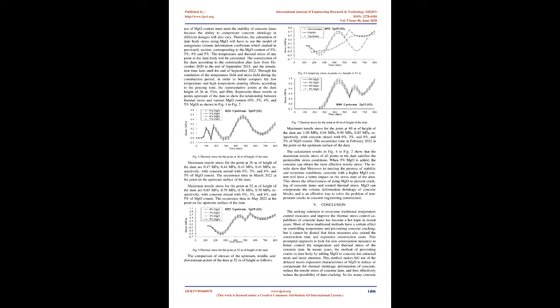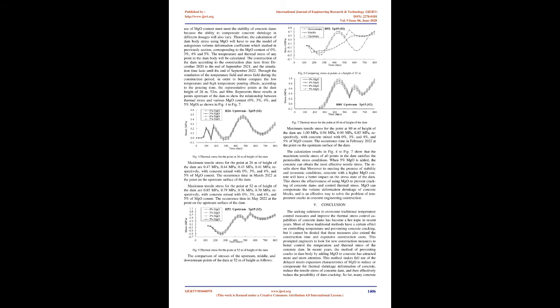The construction of the dam according to the construction plan lasts from December 2020 to the end of September 2021, and the simulation time lasts until the end of September 2022. Through the simulation of the temperature field and stress field during the construction period, in order to better compare the low temperature and high temperature pouring effects, according to the pouring time, the representative points at the dam height of 26 m, 52 m, and 80 m.